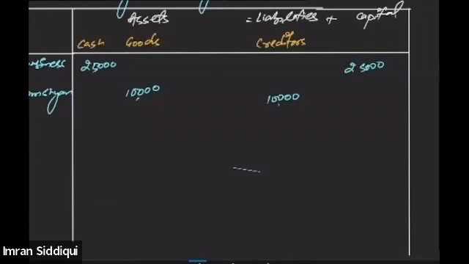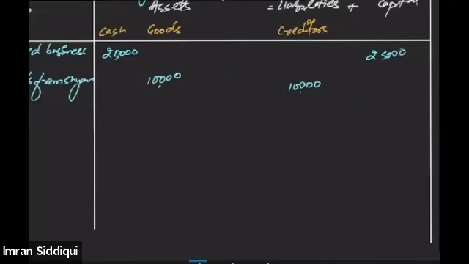All right. Now we'll total it. So the total will be 25,000 by way of cash, 10,000 by way of goods.